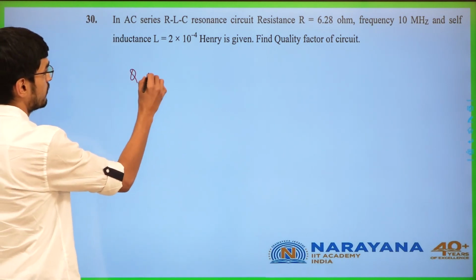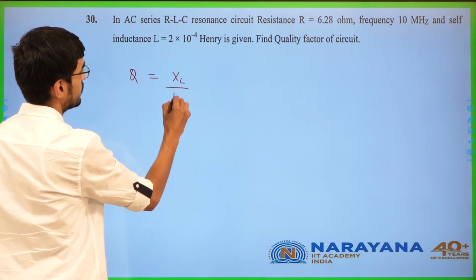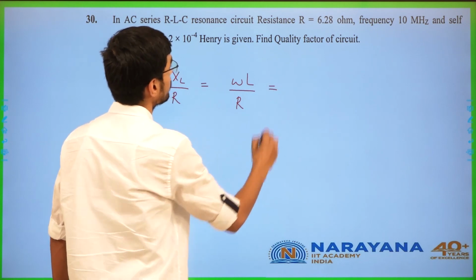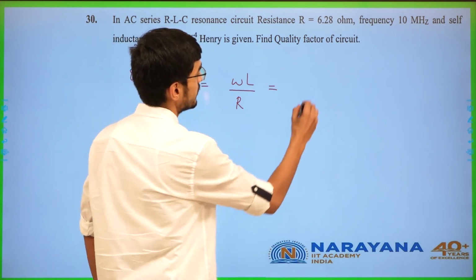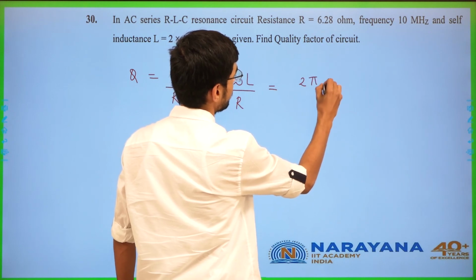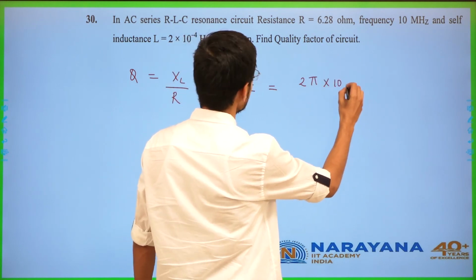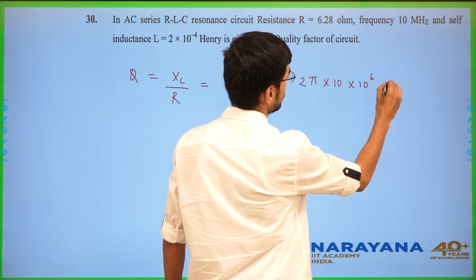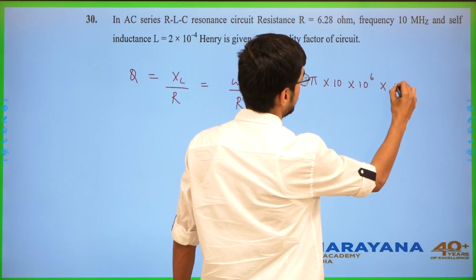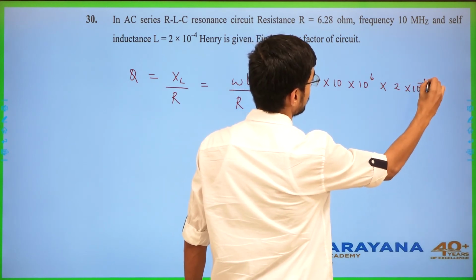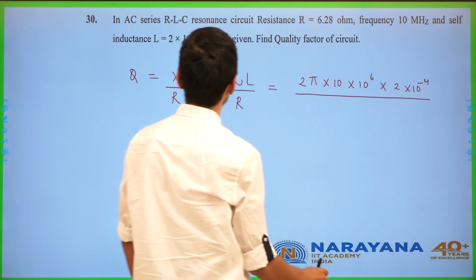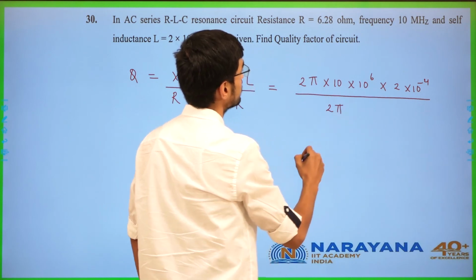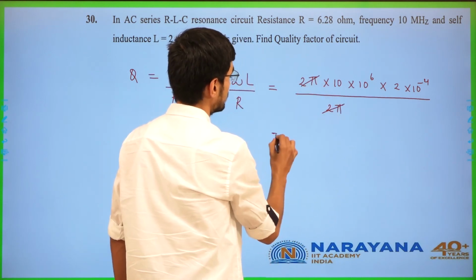We can directly use the formula: XL upon the resistance, where XL is omega L. Omega can be written as 2 pi into frequency, which is 10 into 10 to the power 6 hertz, multiplied by the self-inductance 2 into 10 power minus 4, divided by the resistance 6.28, which I will write as 2 pi to help the calculations.